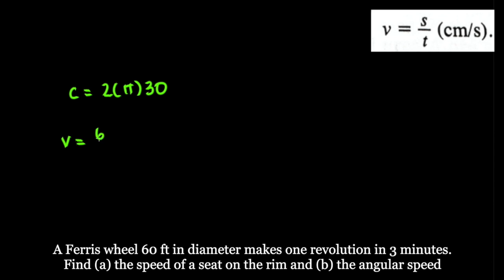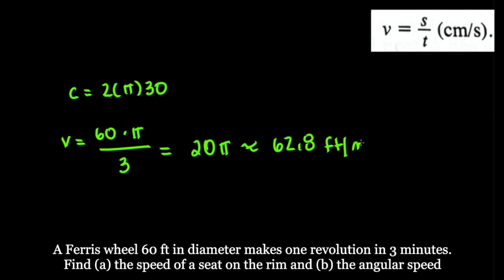So v is going to equal 60 times pi divided by t. T is the time it takes to make one revolution around the Ferris wheel, which in our problem is 3 minutes. So v equals 20 pi, or approximately 62.8 feet per minute.